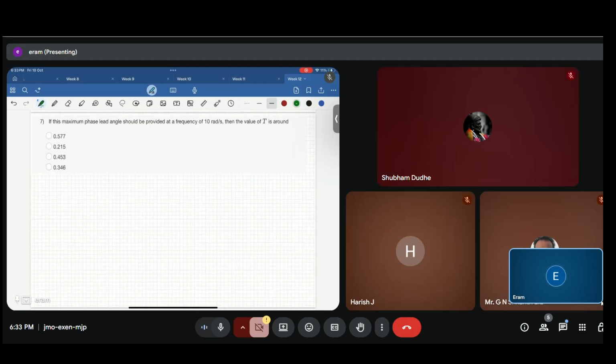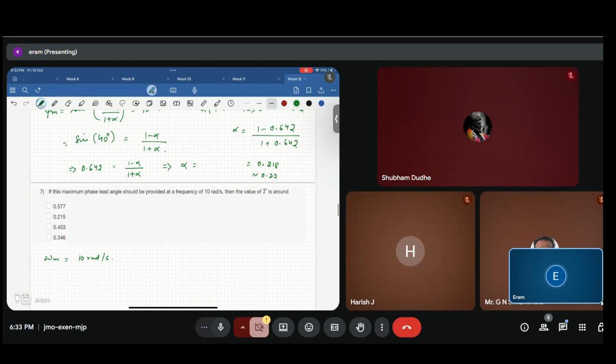Okay, so you are given the value of omega m, that is the frequency at which maximum phase lead is provided. For that omega m, calculate the value of T. So you are given omega m, which is equal to 10 radian per second, and you have alpha already calculated.